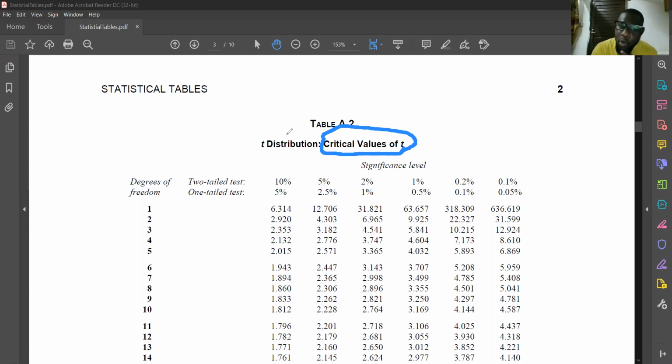So first, this is the degree of freedom. We have a lot of degrees of freedom, but our focus is on 9 because our degree of freedom was 9. This tells you that you are supposed to select the values around this side.